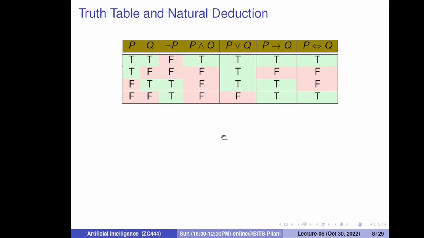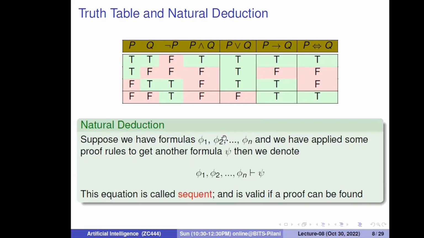Yes, clear. There is a very important thing called natural deduction. Suppose we have formulas, and these formulas and sentences are the same thing. Let's assume we have formulas 1, 2, 3, up to n, and using them, we come up with something new, let me call it psi. This is called a sequent, where I'm going to deduce a new thing.